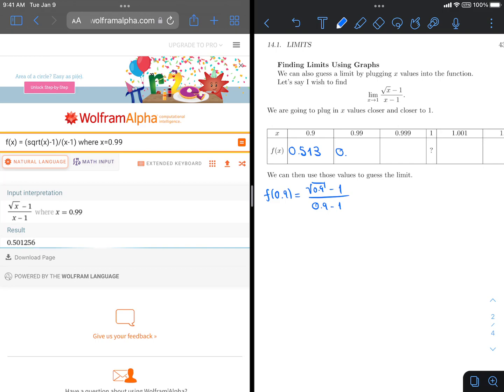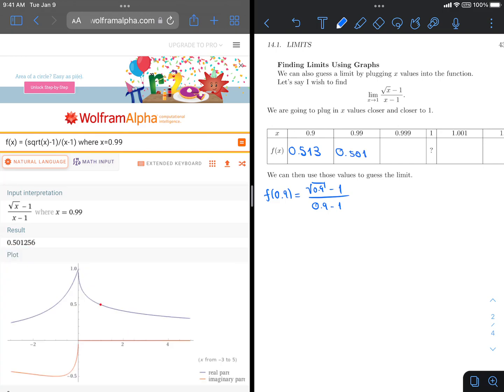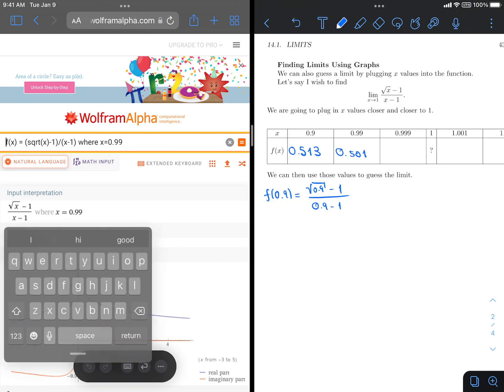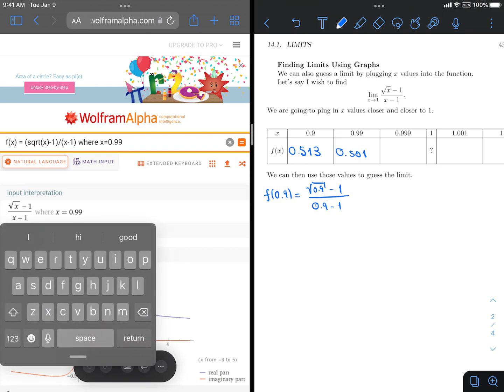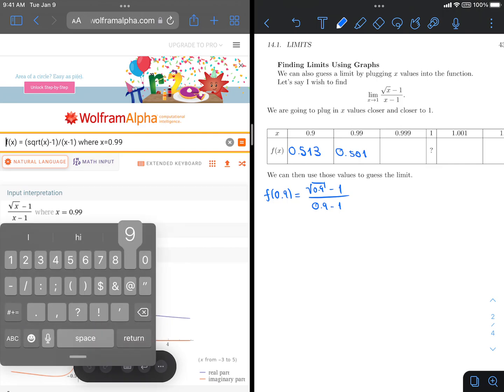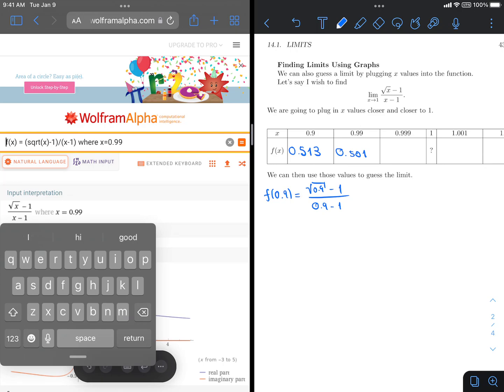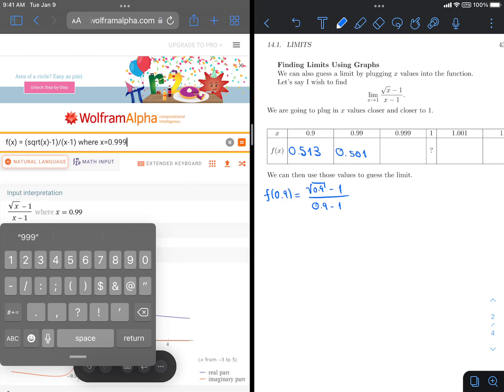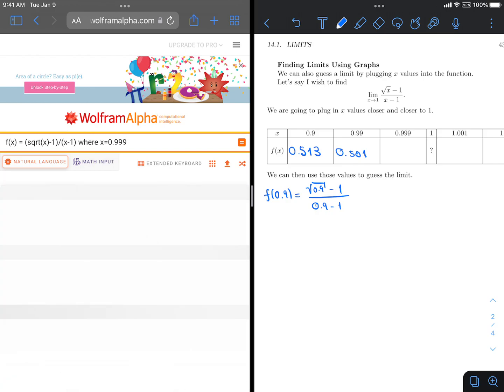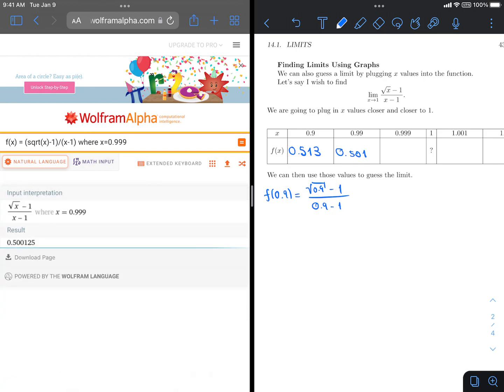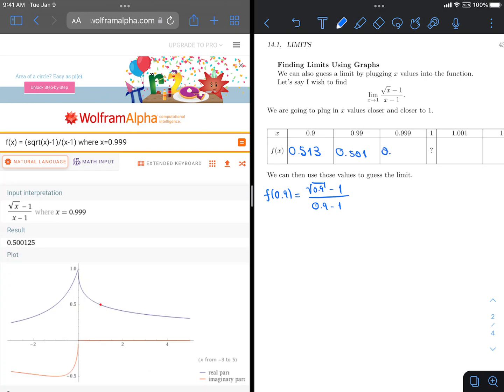So we have 0.501. How about 0.999? What do we have? You can use your own calculator for that if you want. I just find Wolfram usually faster because it doesn't force me to type the whole thing again. So that will be 0.500. With 3 decimal places, I don't have a lot of variation, so I'll add a 4th.